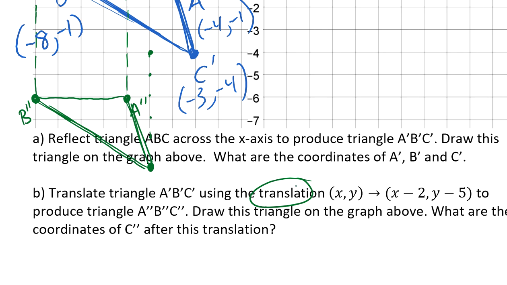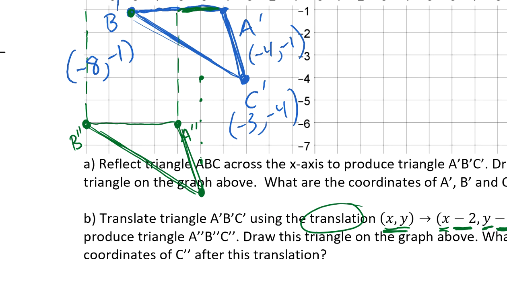So a translation is basically saying you just take the x, y that you have, take the x value and decrease it by 2 in this case, and then you take the y value and decrease it by 5. And you can see that's what I've done. My B had a negative 8 x, now it's at negative 10, so I decreased x by 2.